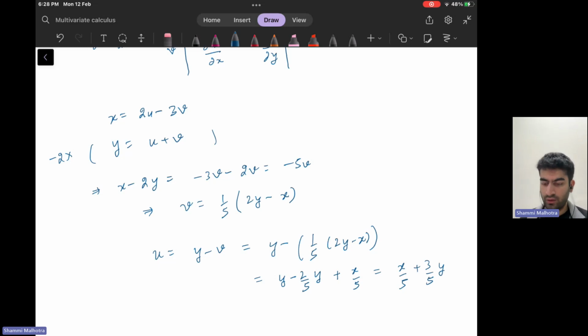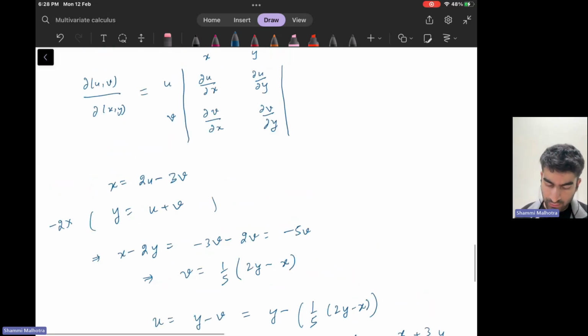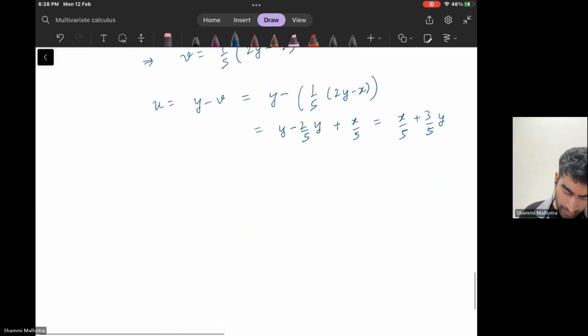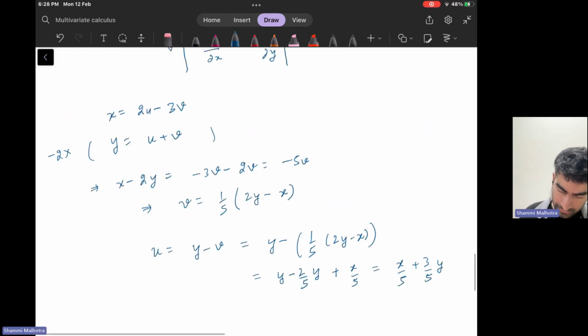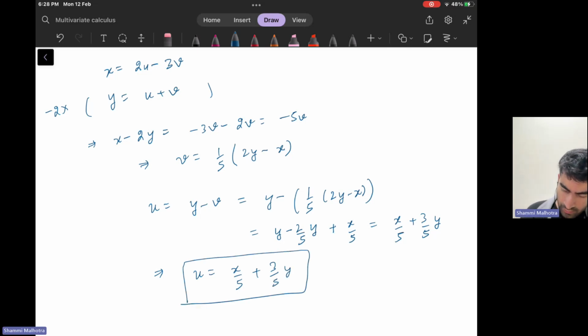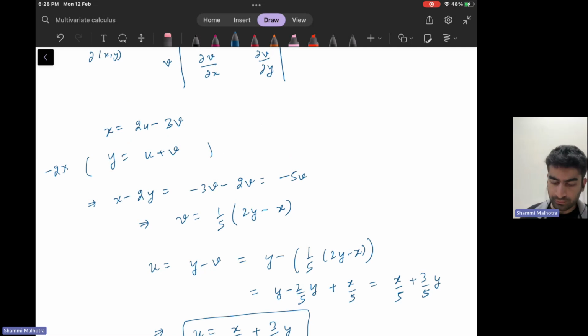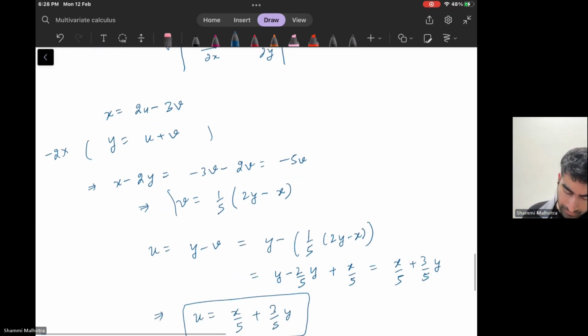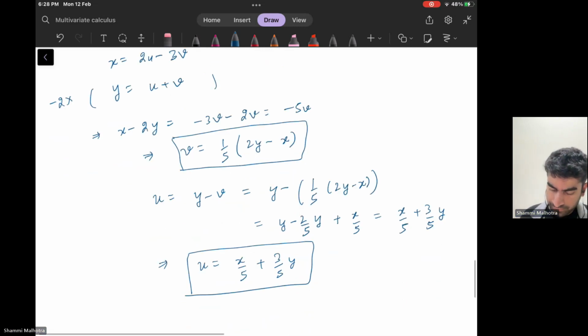Right? So now we just have to differentiate and plug in the values here. u is nothing but x by 5 plus 3 by 5 times y. This is my u, and this is v.